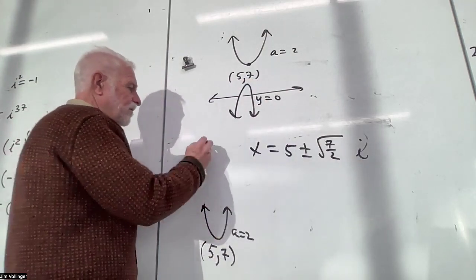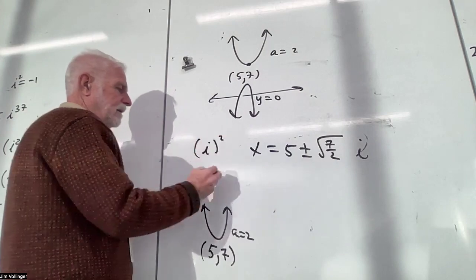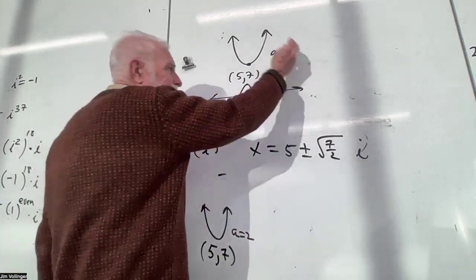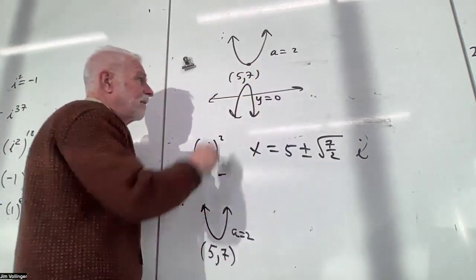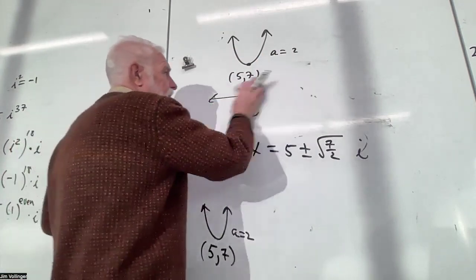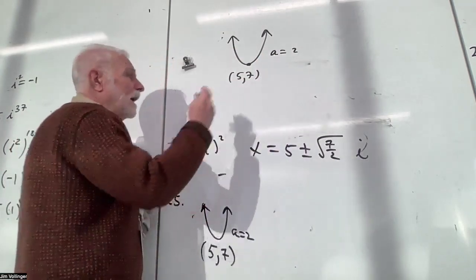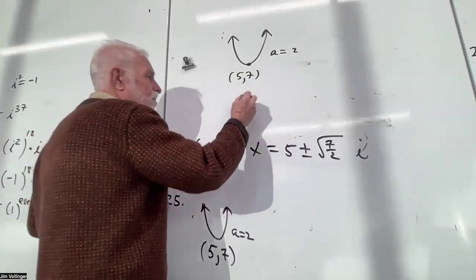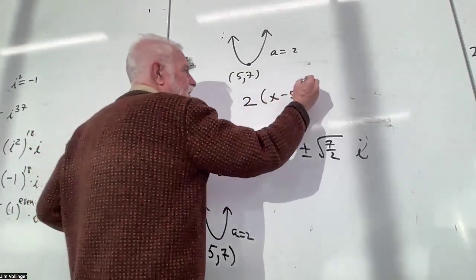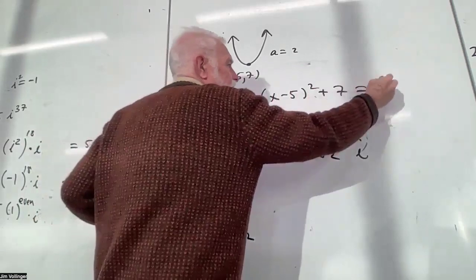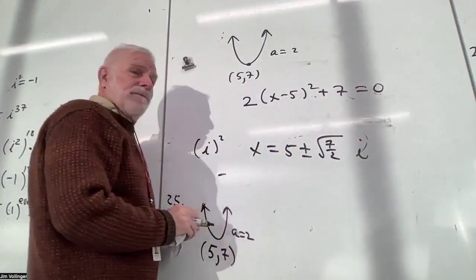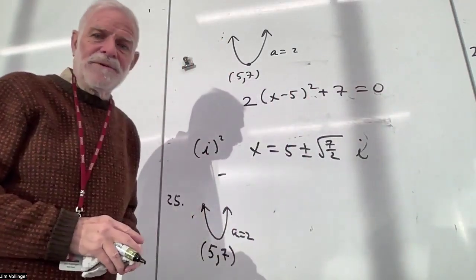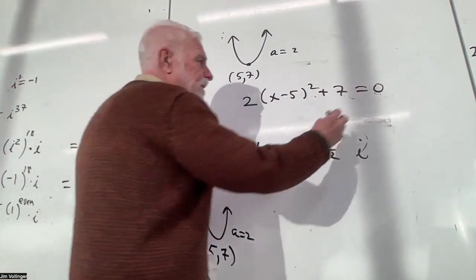Okay, and what happens when you square i? You get a minus sign. And if I put a minus sign up here, I'm flipping it over from 5, 7. I could have put this in graphing form. 2x minus 5 squared plus 7 equals 0. I spent a whole 40 minutes lecturing on how to solve these equations. What's the first thing you do?